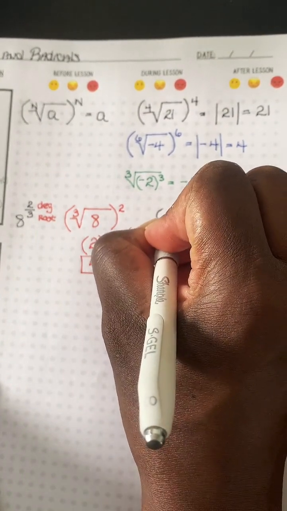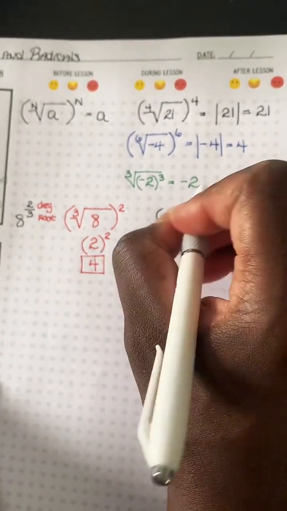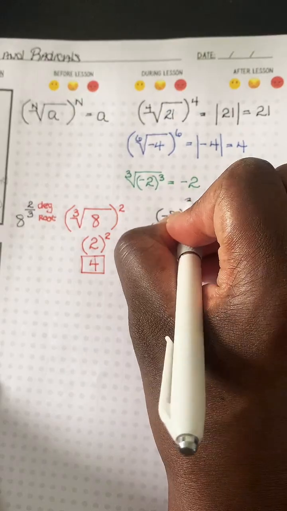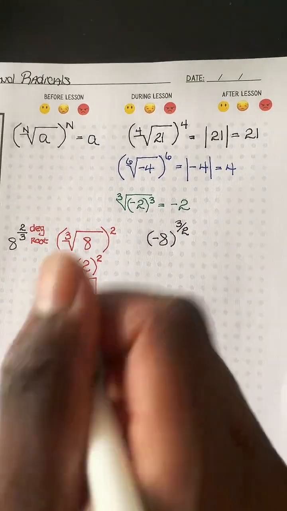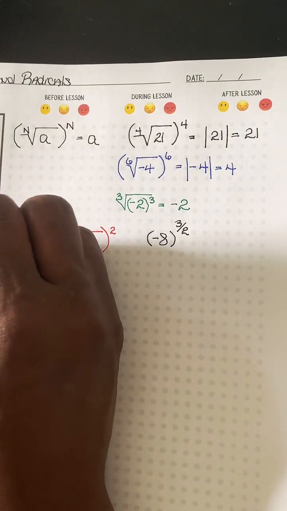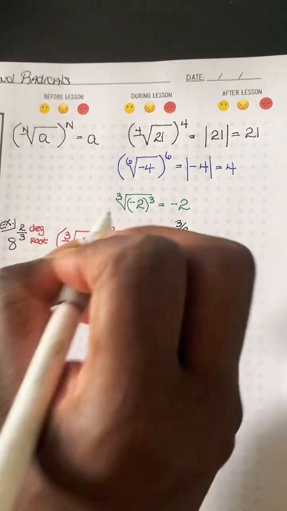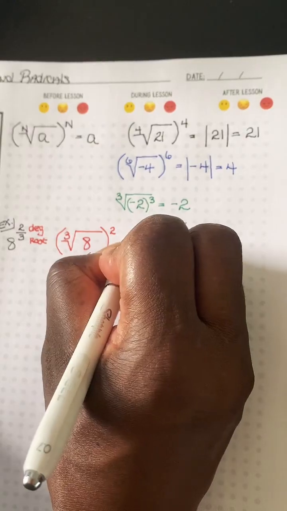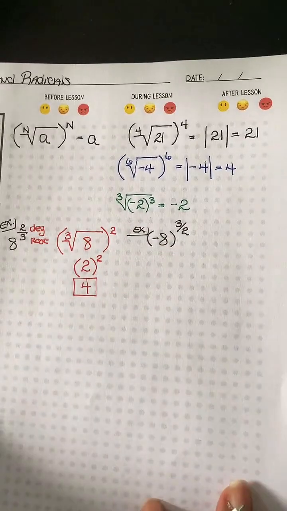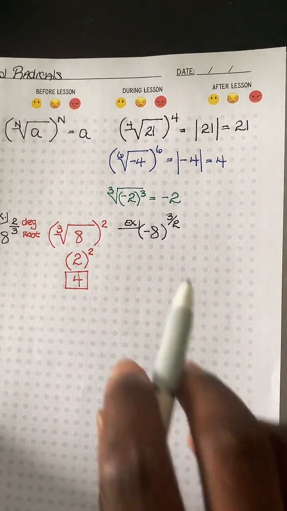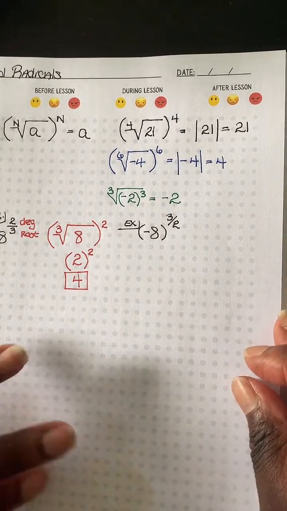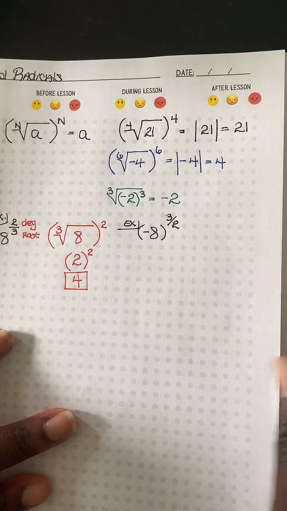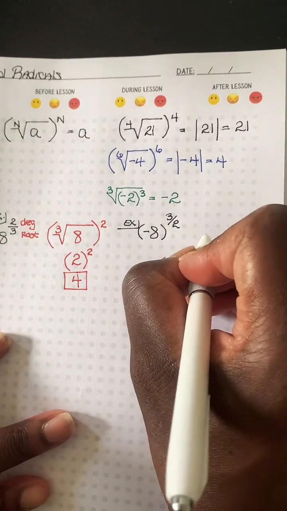Same process, same numbers, different situation. Okay. So we have negative 8 raised to the 3 halves. Okay, so negative 8 raised to the 3 halves.